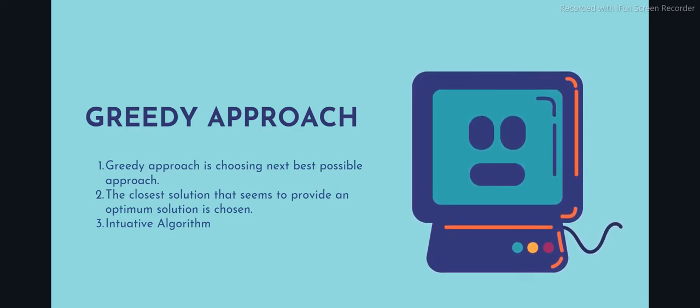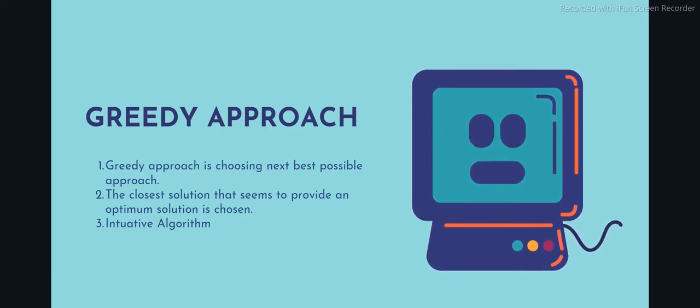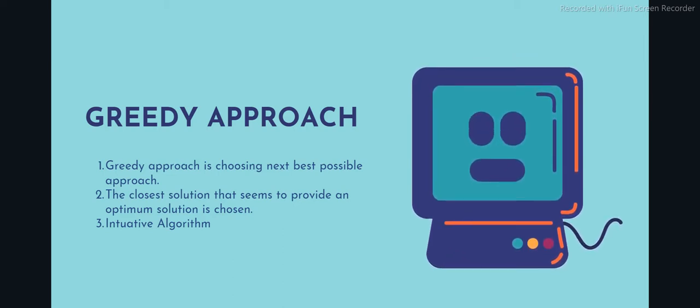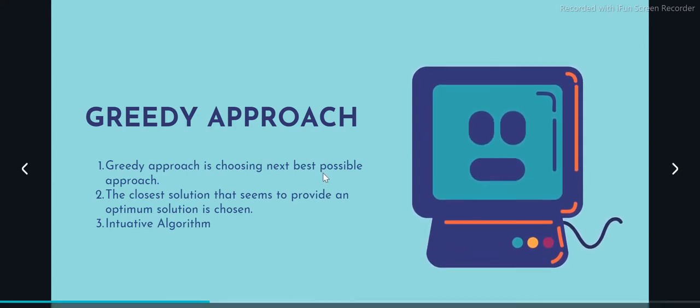We don't know if our next decision will be right for our end future, but we know that if this is the best possible solution I can get right now, then it must be the best solution for the end also. It is basically an intuitive algorithm, and the closest solution that seems to provide an optimal solution is chosen. Okay, so let me take you to the whiteboard and tell you what I am trying to say.